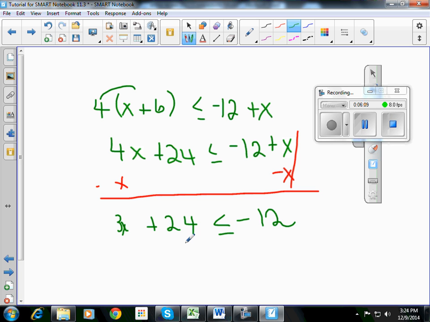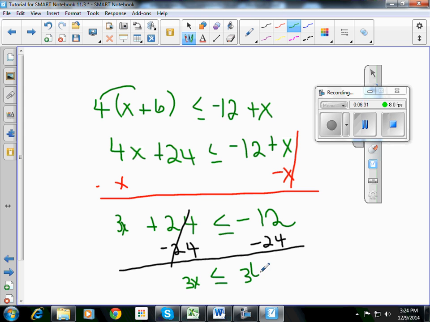Now we need the constants on one side. So now we have minus 24 minus 24, and that cancels, bringing down 3x is less than or equal to negative 36.